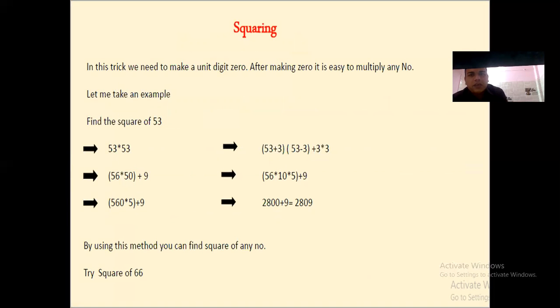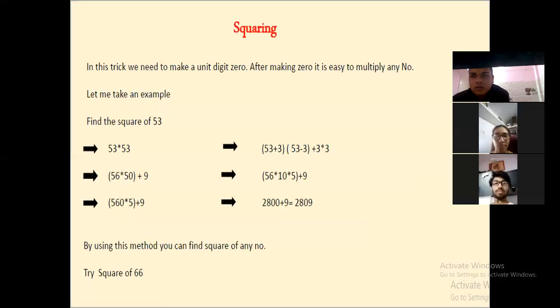So this is my first trick, and the trick we are going to discuss is the squaring of a number. In this trick, we need to make the unit digit 0. After making 0, it is easy to multiply any number.